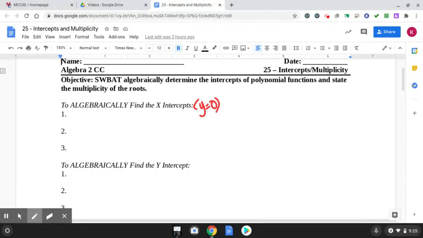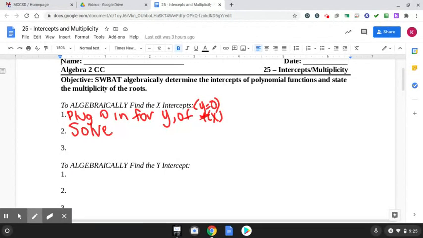So your first step is going to be to plug 0 in for y. Or remember, f of x is really y. Okay, so then once you have 0 in there, you're going to solve that equation, and you can either do factoring, or if it's a quadratic, you could do completing the square, or you could also do quadratic formula.